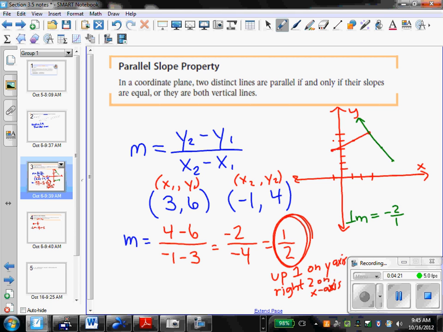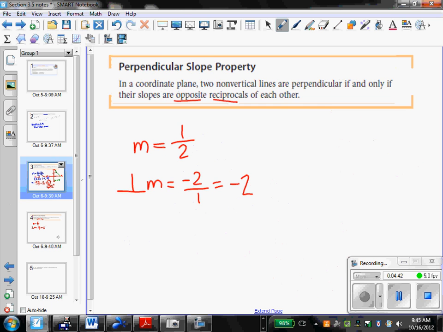And then this line here would be perpendicular. Now that you know what perpendicular lines are and what they look like, you should be able to see and draw good pictures that show perpendicular slope to a line. So parallel lines have equal slope, perpendicular lines have negative reciprocal slope.